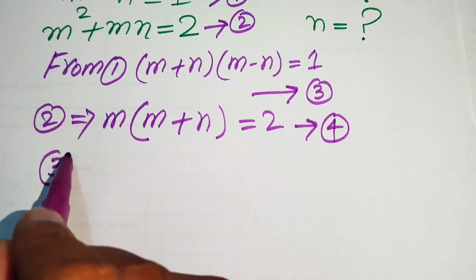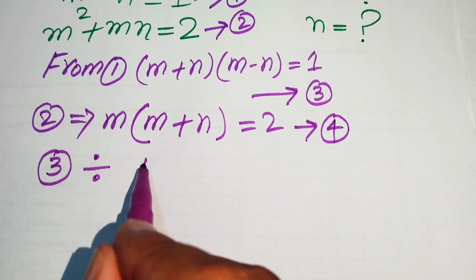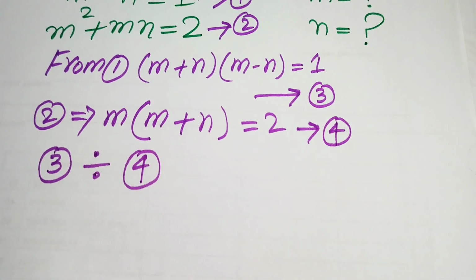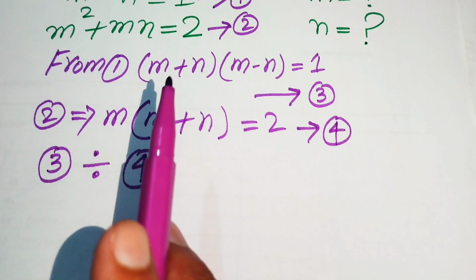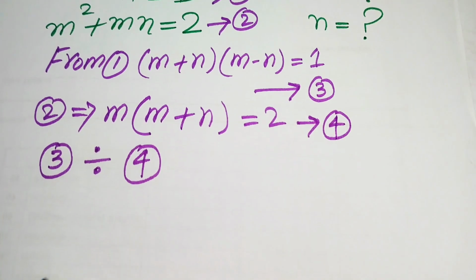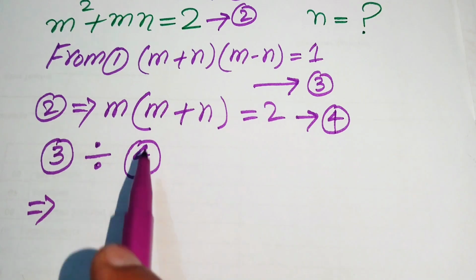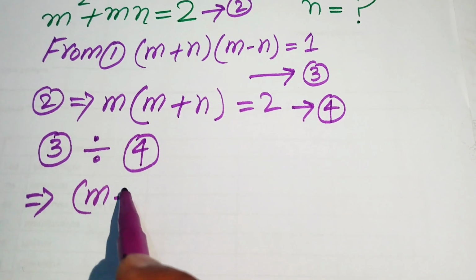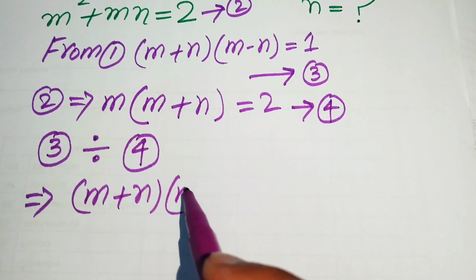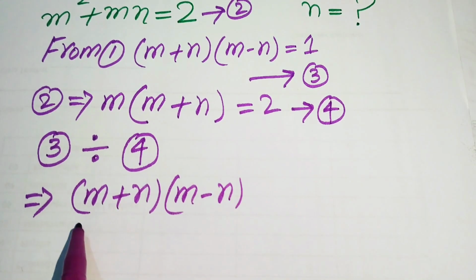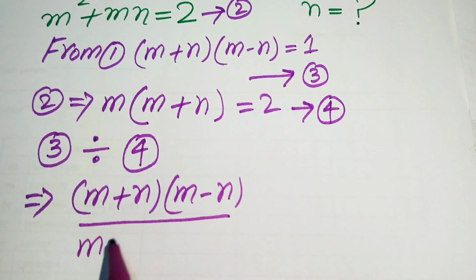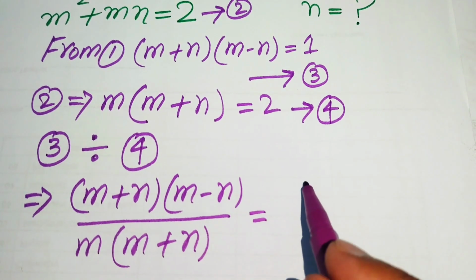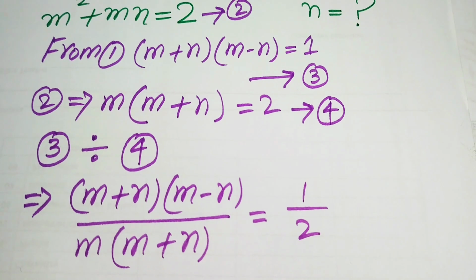So here we just write that we divide equation number 3 by equation number 4, and when we divide both of these equations, it means that we divide left hand side with left hand side and right hand side with right hand side. So when we divide these two equations, it is written as m plus n into m minus n, divided by m times of m plus n equals to 1 over 2.